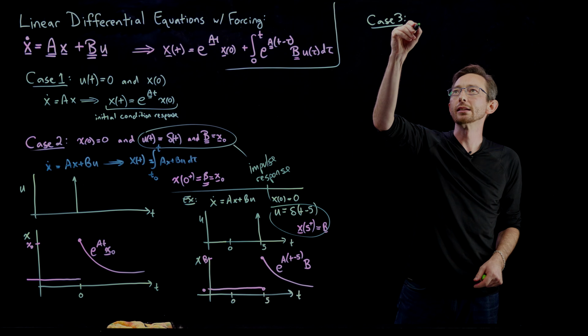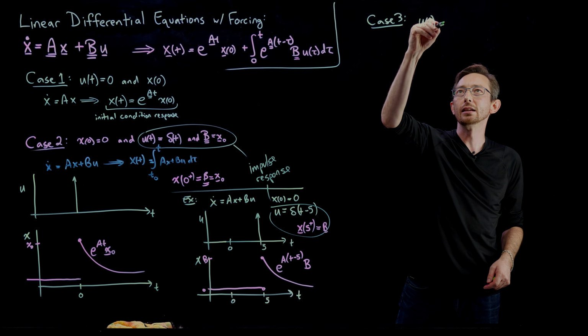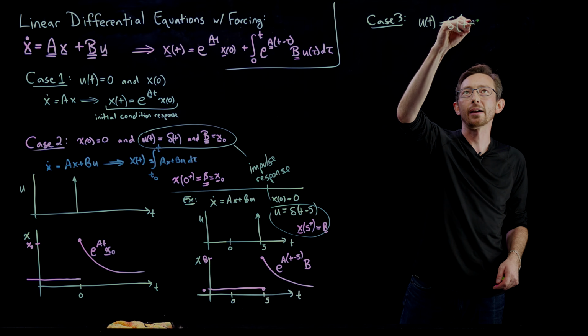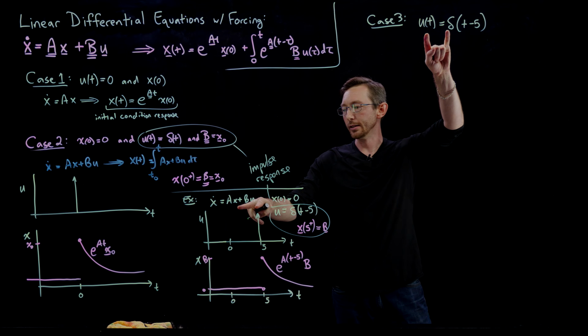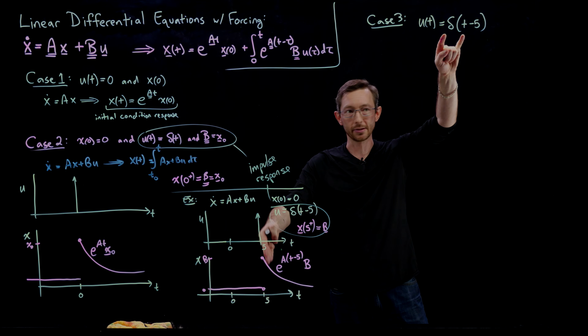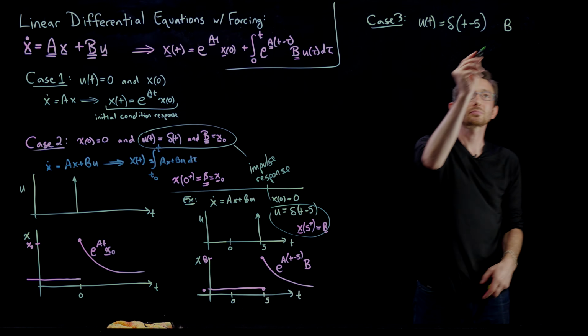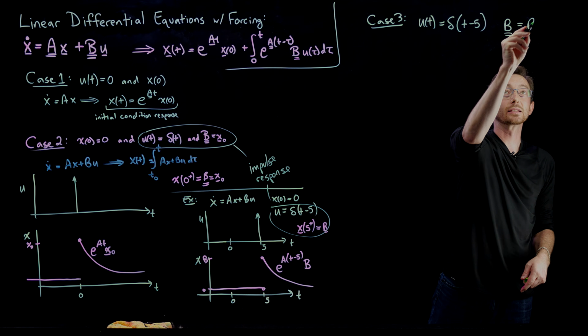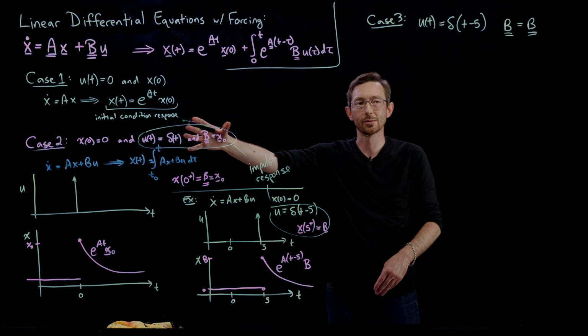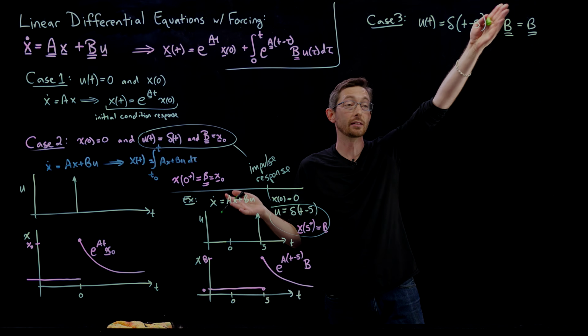So here now we're going to say u of t equals a delta function at t minus 5. So we're going to keep our delta function at t minus 5, this impulse at time 5, where b is, it's not going to be x naught. This was a little confusing. It's just going to be some vector b that I choose.